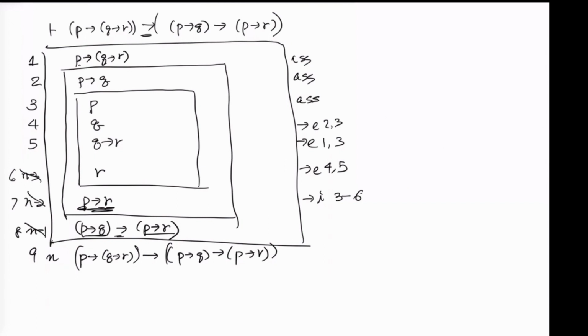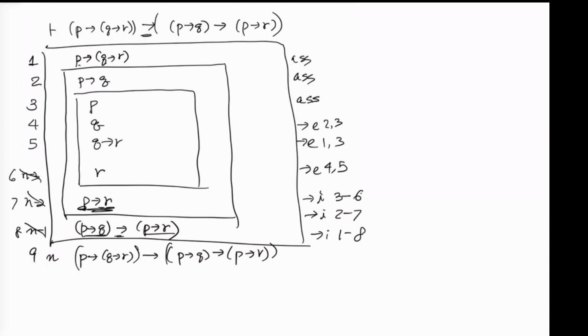Okay, and the next one is the outer box. So line 8 is implication introduction for lines 2 to 7, and then line 9 is implication introduction for lines 1 to 8.